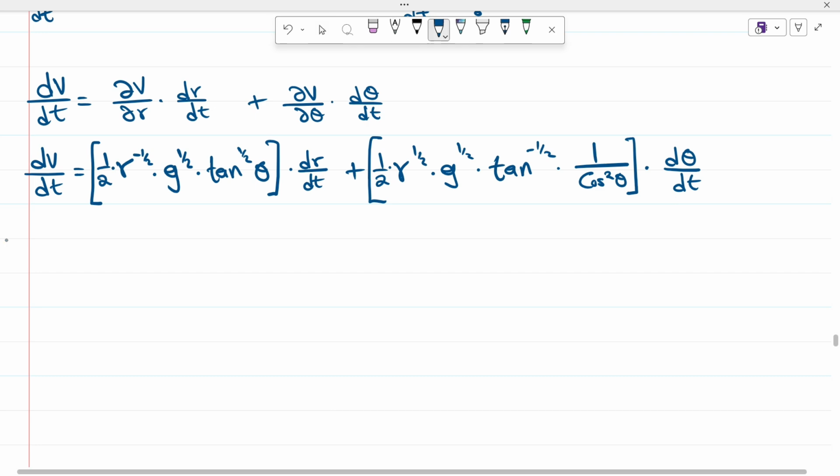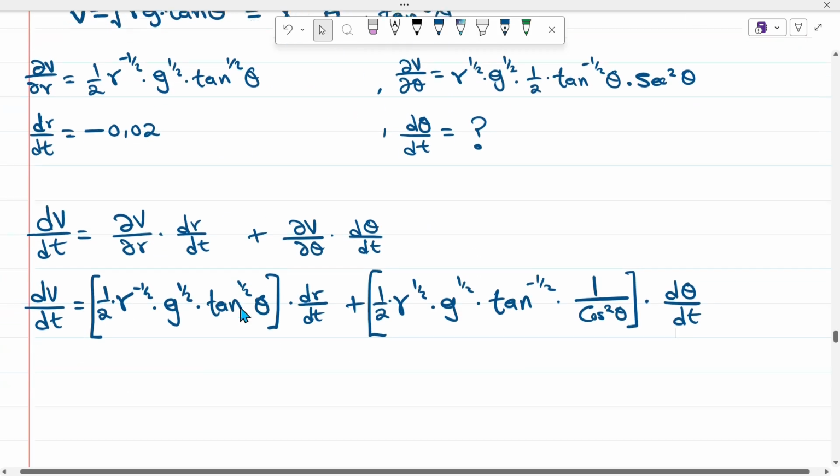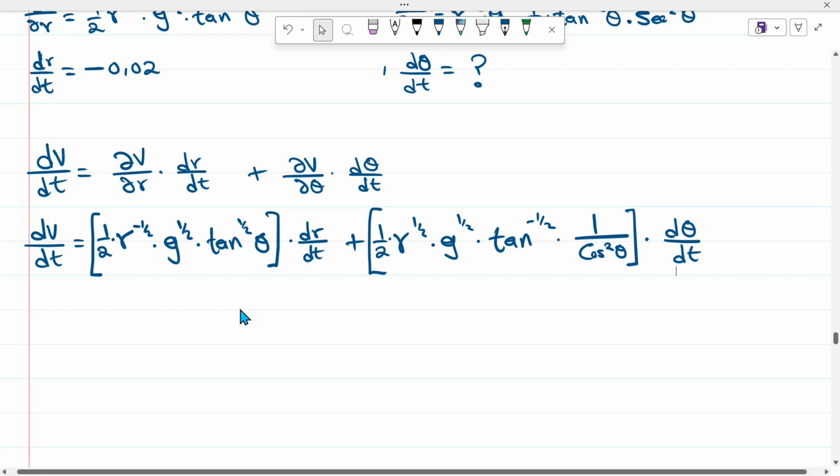Now we can just substitute everything. We were given that theta equals 0.175 and r equals 4, and the rate at which volume changes with time is also given as 0.071. So now let's substitute all of those values.